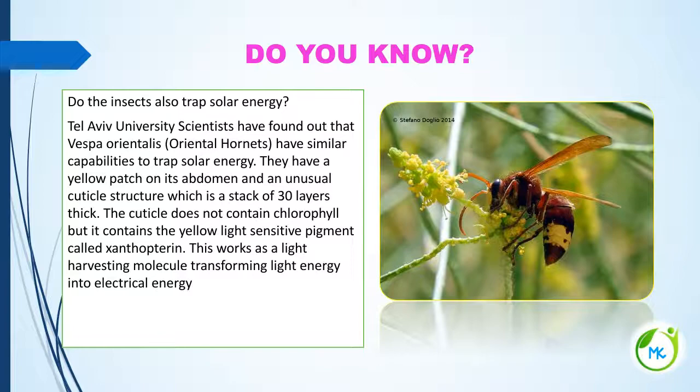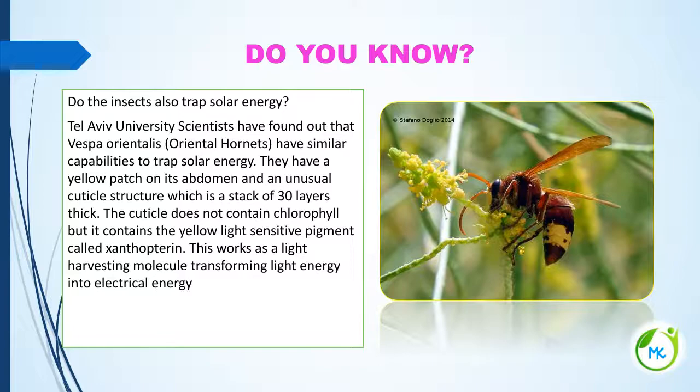Not all insects, but in this case, oriental hornet, a kind of wasp, it is known to trap the solar energy. So Tel Aviv University scientists have found that Vespa orientalis, the common name is oriental hornet, a wasp. They have the ability to trap solar energy.